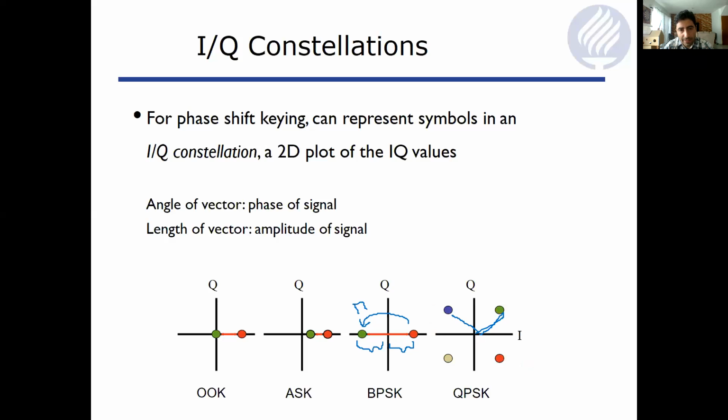This can be 90, another 45 here, 135, and this is another. If you consider this arrow, we are changing the phase of each one of these signals. The amplitude is the same. We are just changing the phase of the signal. So you can see it's very easy to represent what's happening using a 2D plot. It makes it easy to understand what's happening.